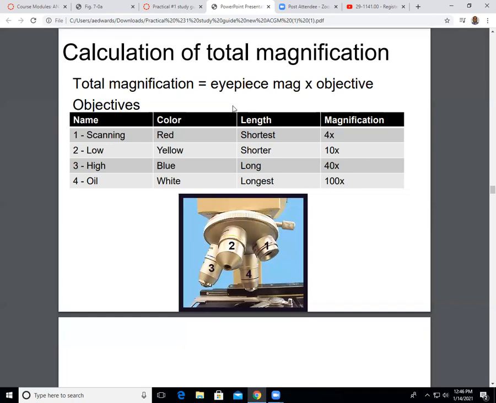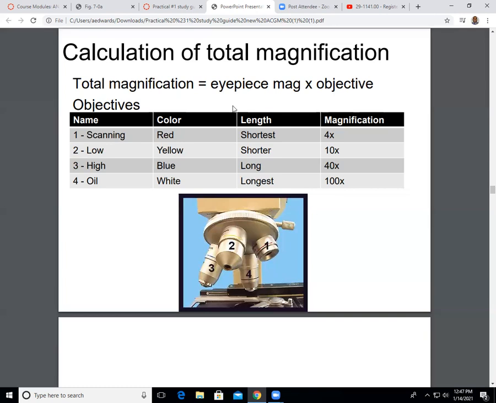Yes, no, maybe. Now I'm going to change it up on you because, like I said, you have to read the question. What if the eyepiece objective is 5x? What needs to change in this equation? Instead of multiplying by 10x, multiply by 5x. Now what do we get for a total magnification for our scanning objective? 20x.